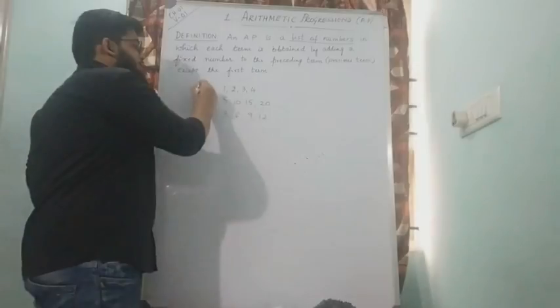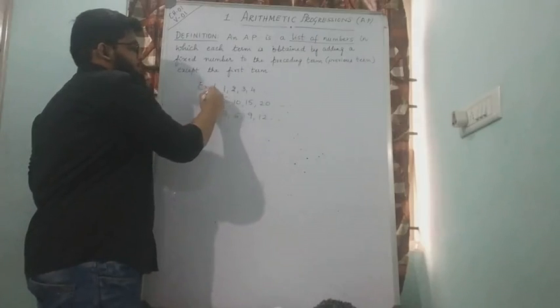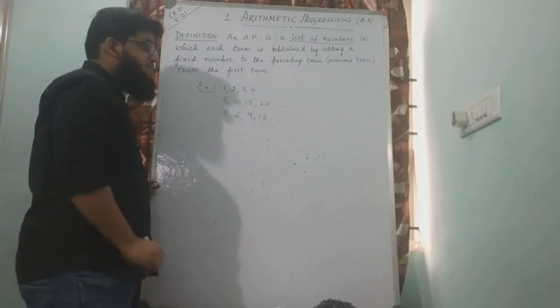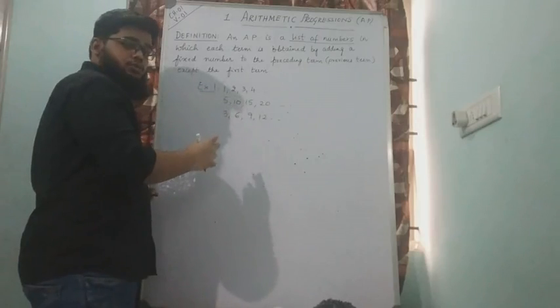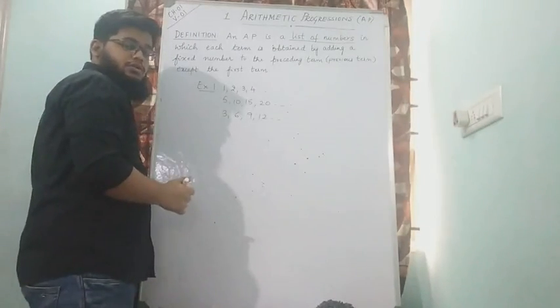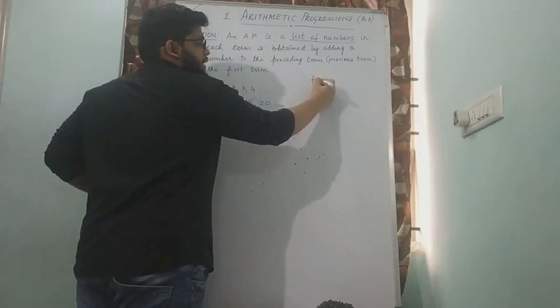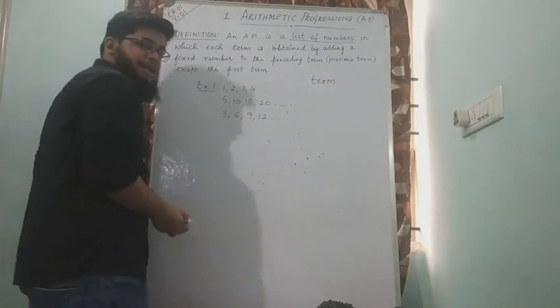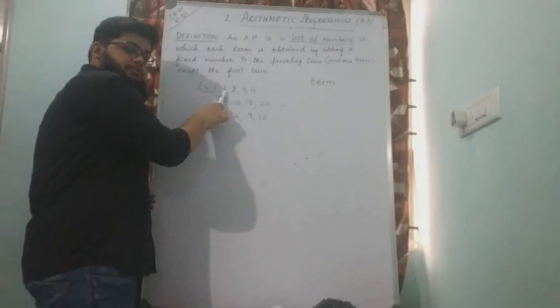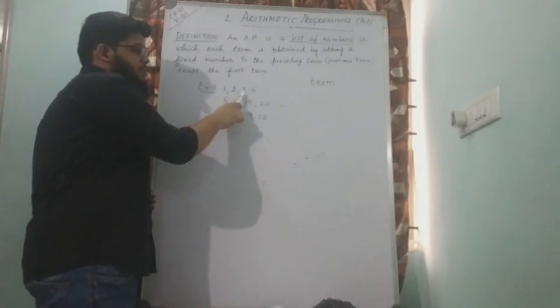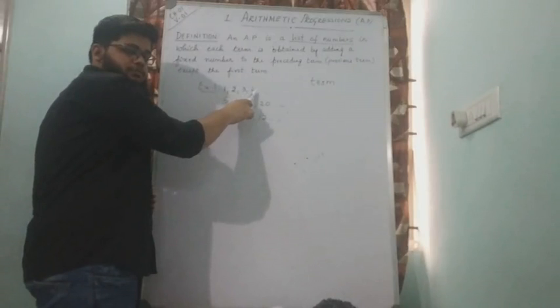Let us come to our example number 1. The list of numbers is 1, 2, 3 and 4. So there are 4 numbers. In AP, every number is called a term. So basically I will call this first term, second term, third term and fourth term.